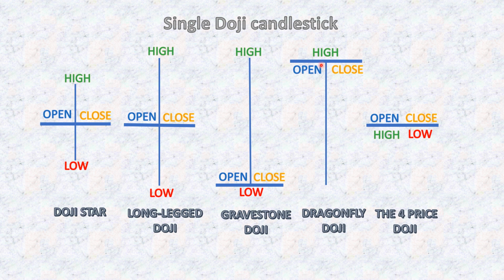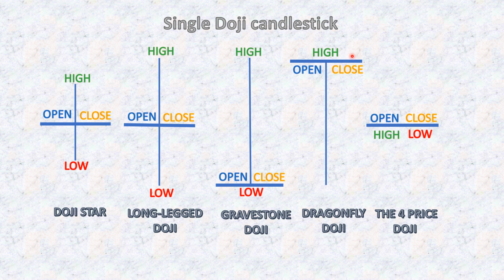The price opens here and decreases up to here, and the lower price is rejected by the buyers, and the buyers push the price up again till here. Now we have to wait for the confirmation of the next candle. If the next candle is a bullish candle, then the price trend changes direction from downward to upward.